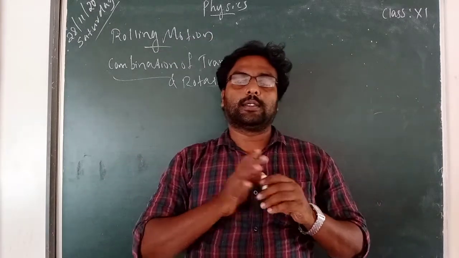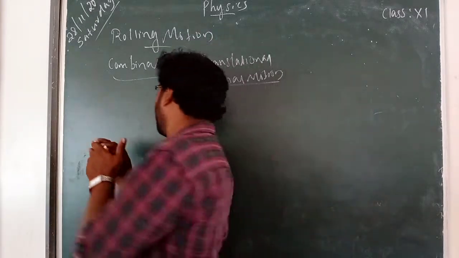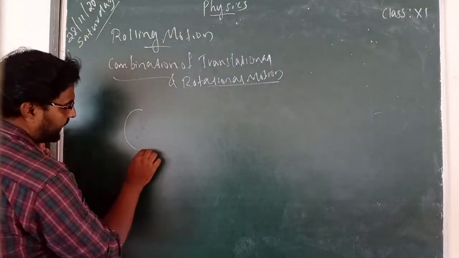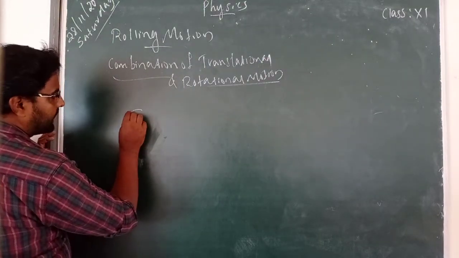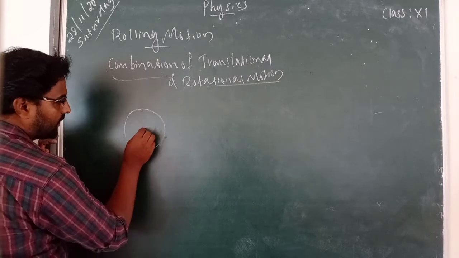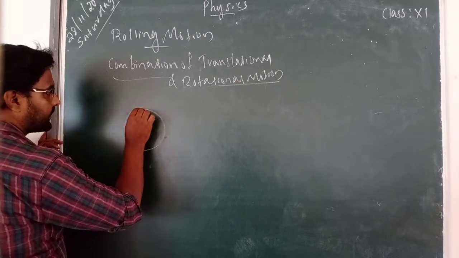You see, assume that you have an object of radius r. Like this one object, its radius is r.